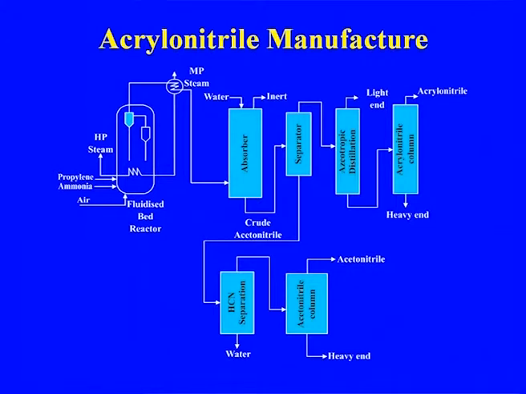So, the propylene and ammonia in air go to the fluidized bed reactor, with cyclones for separation of the catalyst, and then to the absorber, separator, then azeotropic distillation for the separation of the acrylonitrile, and the acetonitrile goes to another separator, and finally we get acetonitrile as a byproduct.